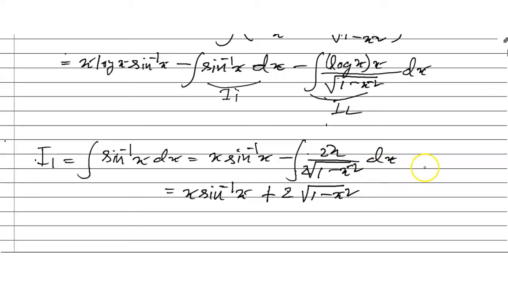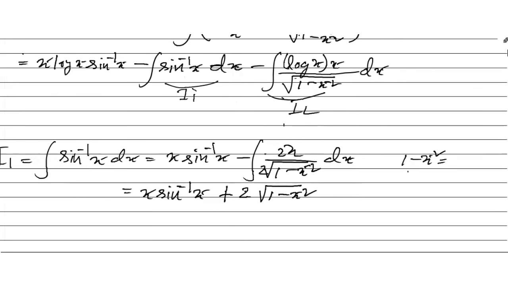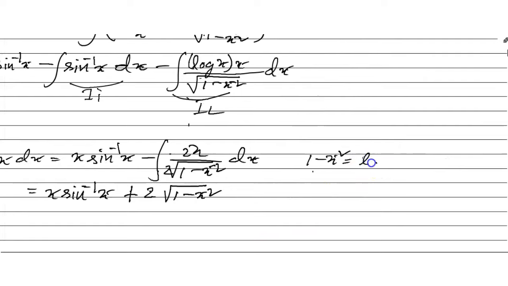I hope I can clear, because 1 minus x square is equal to, take it as t. So minus 2x dx is equal to dt, and minus 2x dx means minus x into dx is equal to dt divided by 2.